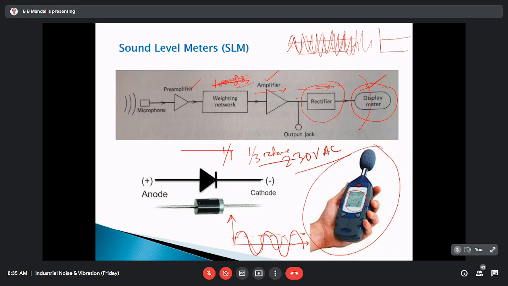So here, apart from the display, we can go for recording also. There is direct recording after display, and before rectification also you can record the AC signals for further processing. That means whatever manipulation you have to do, you can do it later. We call it post processing of the signal nowadays.